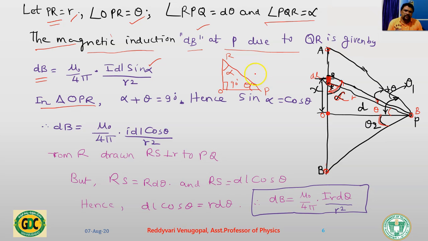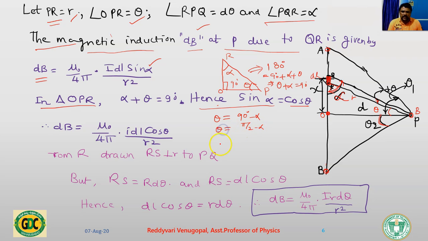If you sum up all the angles in the triangle, it comes to 180 degrees. So 180 degrees is equal to 90 degrees plus alpha plus theta. From this equation you can write alpha plus theta is equal to 90 degrees. Hence sin alpha becomes cos theta. Theta is equal to 90 degrees minus alpha, or pi by 2 minus alpha.